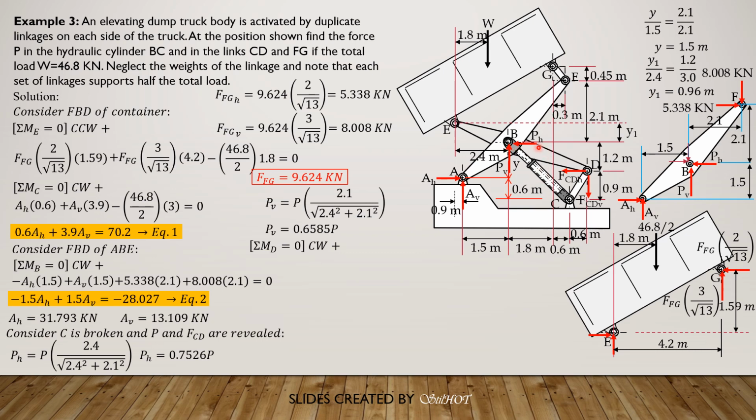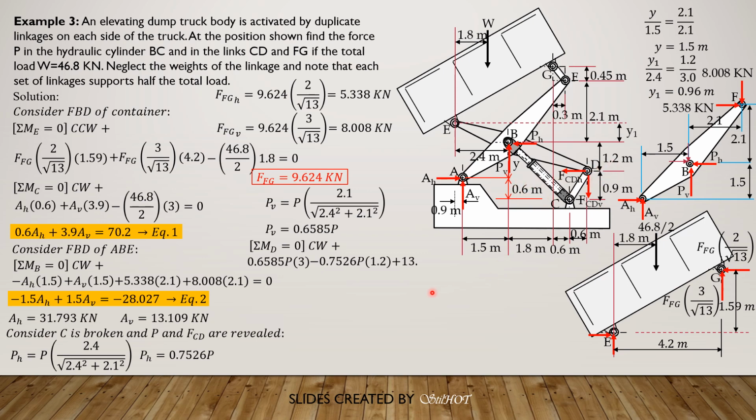And minus PH, which is 0.7526 P times 1.2. Then minus EH, it is counterclockwise. So the distance is 0.9 minus 0.6, so 0.3 for counterclockwise.